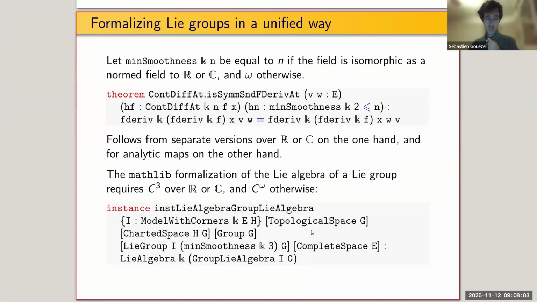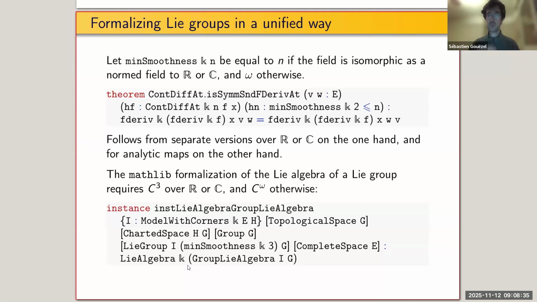But what the theorem here is saying is that if you have some Lie group G over some field K, and if it's C3 if the field is R or C, and if it's analytic otherwise, then the tangent space at the identity is endowed with a Lie algebra structure. So it's a formalization of the sequence of theorems from the previous slides. And that's a unified version.